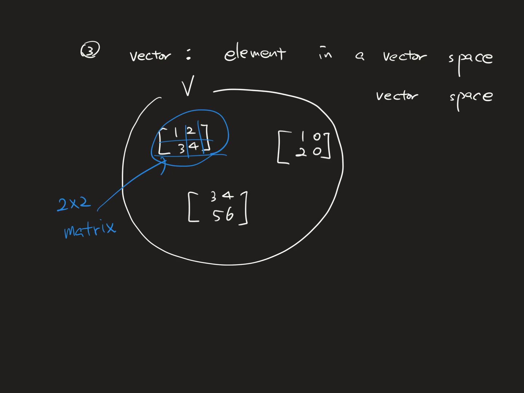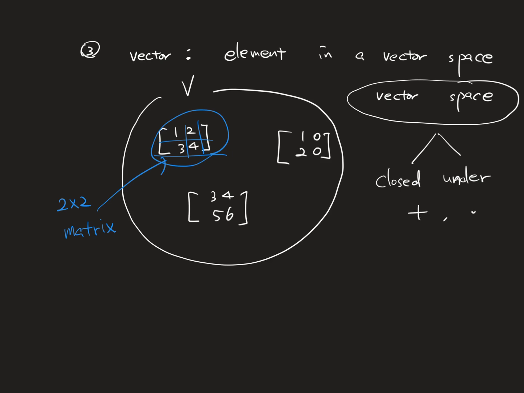But anyway, this is an abstract definition of vector, and then what is vector space? This is the question. For a vector space, you have many, I think 8 or 9 axioms. The really important one is that a vector space should have 2 properties: closed under addition, which is just plus, and scalar multiplication.